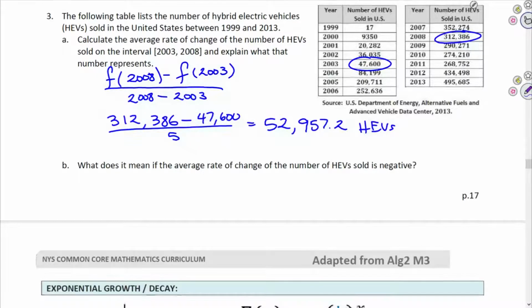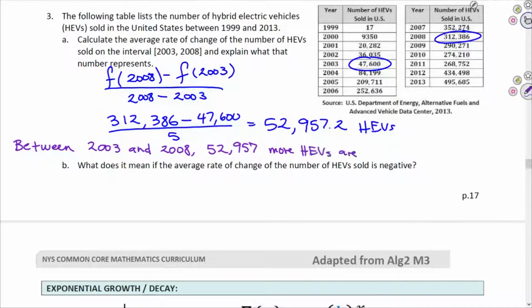What that number means is, on average, between 2003 and 2008, 52,957 more HEVs are sold per year than the previous year. Again, it's like the slope between those 2 points on this curved function.